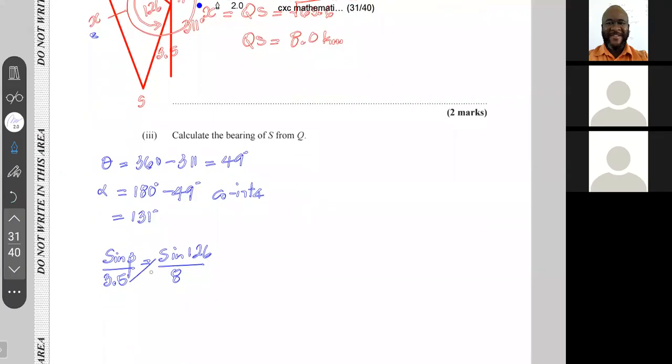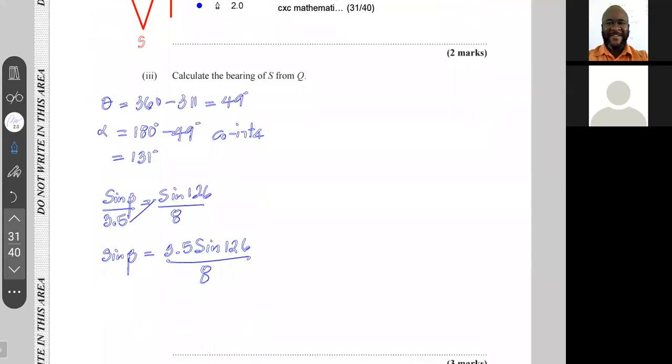Bring this 3.5 here. We have sine beta is equal to 3.5 sine 126 over 8. This now is 3.5 sine 126, close the bracket, divide by 8, and we need 3 decimal places.